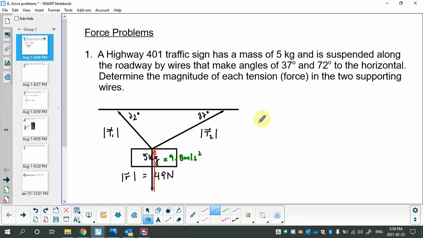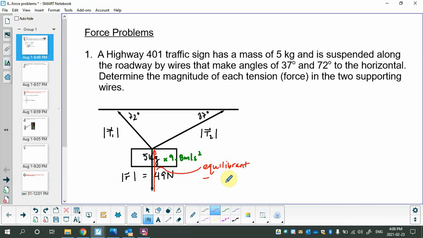But the resultant, the name of this thing, is an equilibrant. Where did my pen go? And I don't know if I'm saying that right. I can spell it, I just can't say it. So equilibrant.